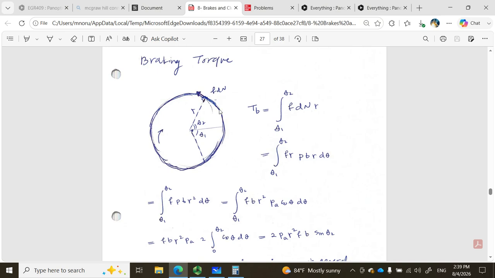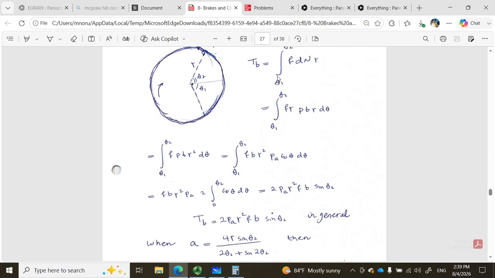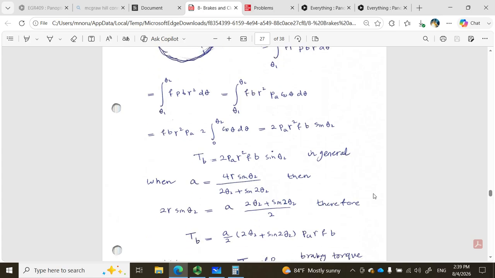If you multiply it by R, it gives the braking torque on the drum. So F dN times R, we evaluate from theta 1 to theta 2. Alright, so that's the braking torque. Then if theta 1 and theta 2 are equal, we have symmetric shoes, and that simplifies to this.